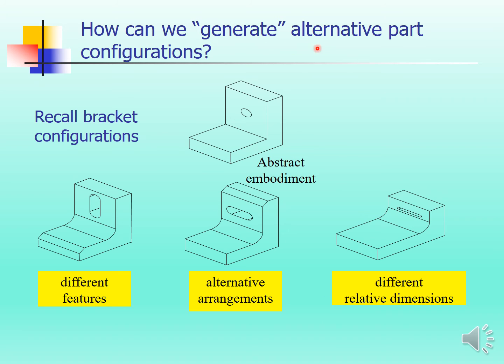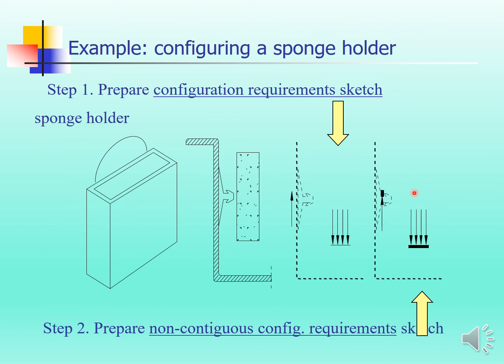How can we generate alternative parts for configuration? From the abstract embodiment, we get different features, different arrangements, and different implementations. Then after that we can detail the configuration for the sponge holder.